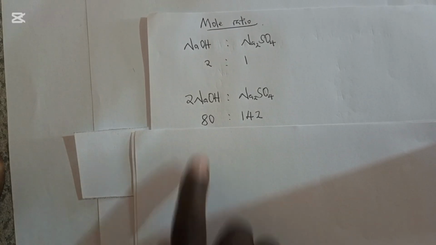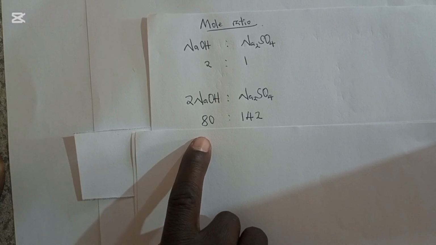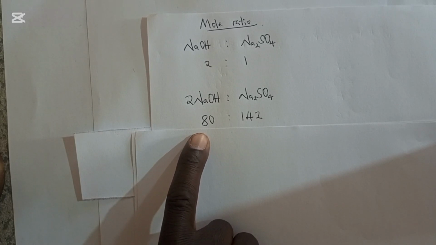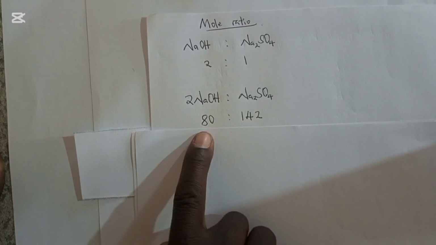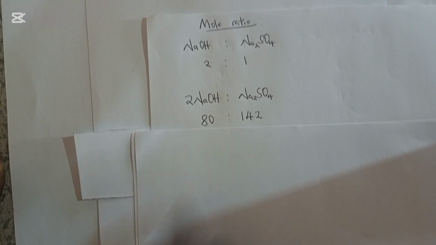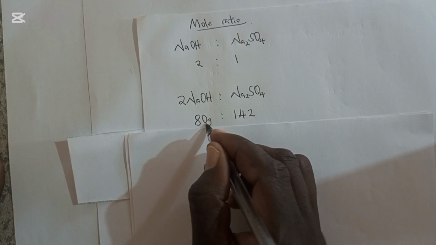Now, at this point, in calculating the mass for sodium sulfate, we are going to say, but what mass have we been given for sodium hydroxide? We've been given 10.5 grams. So from here, we'll say 80 grams, having calculated the relative formula mass.